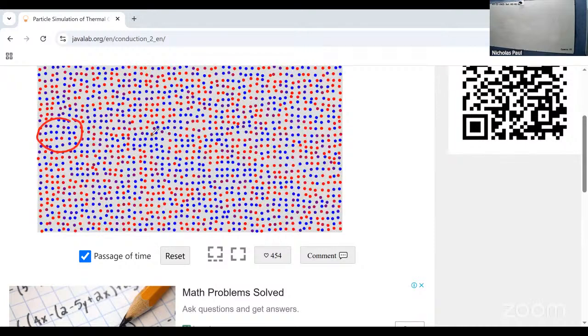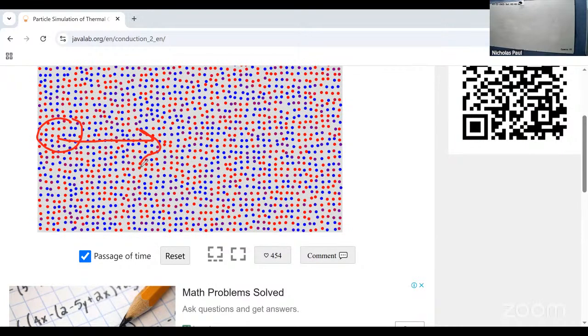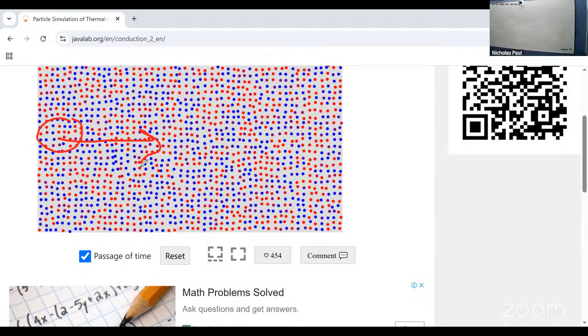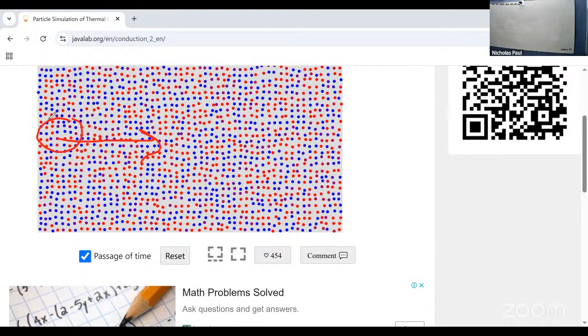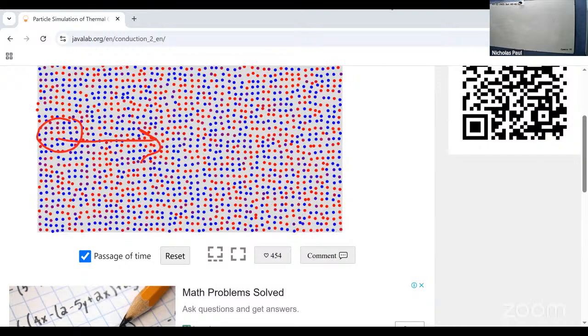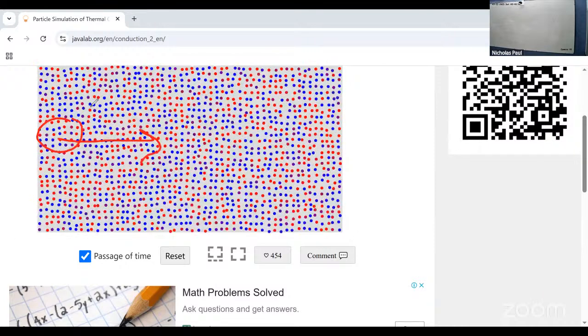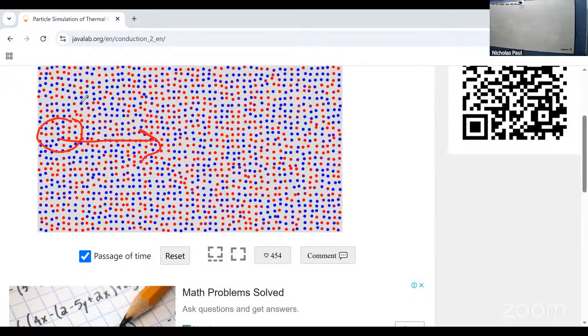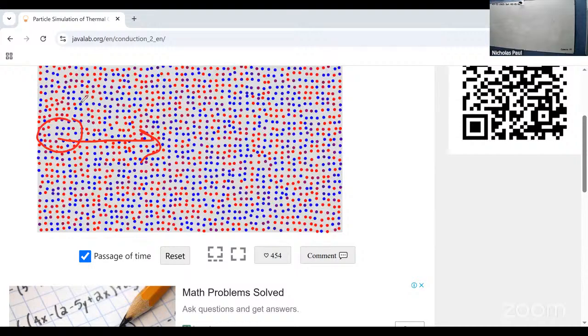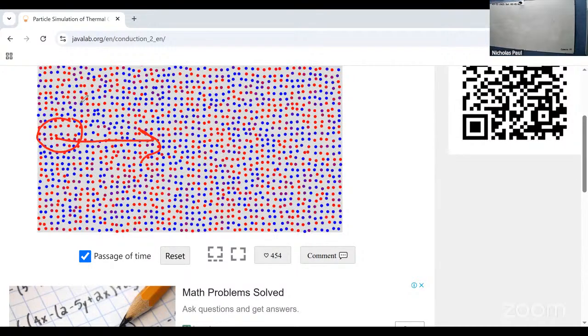Are they moving? No. The particles themselves are not moving from high to low. All they're doing is vibrating and transferring the energy to the particle next to them. That's the concept of conduction.